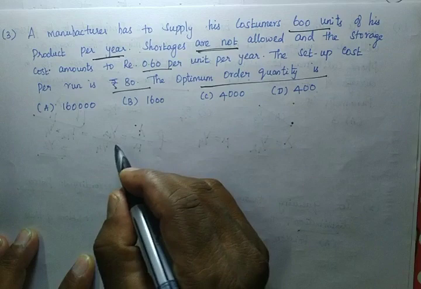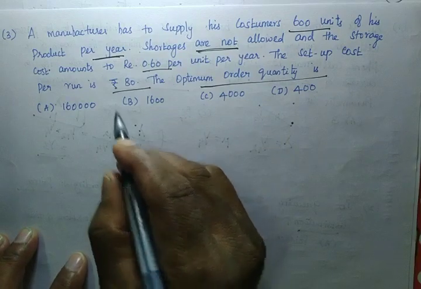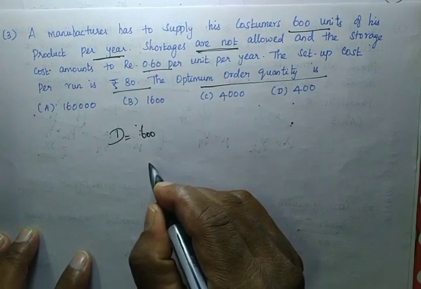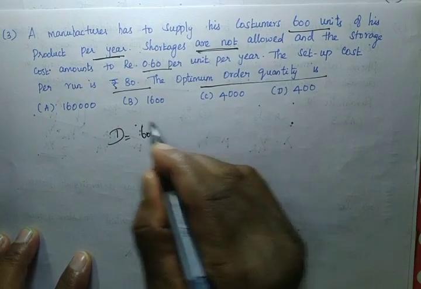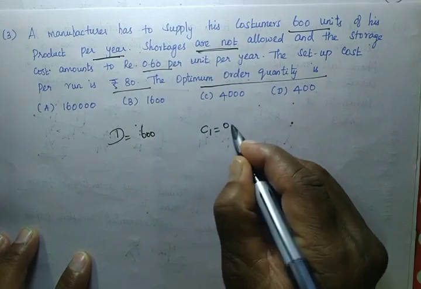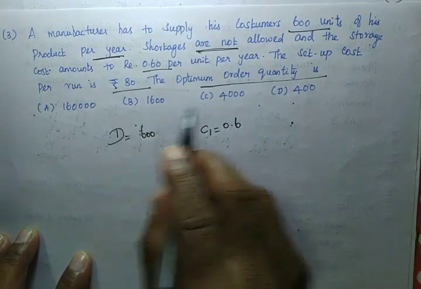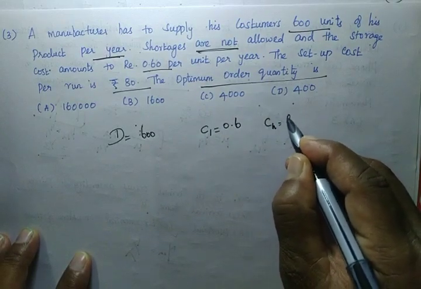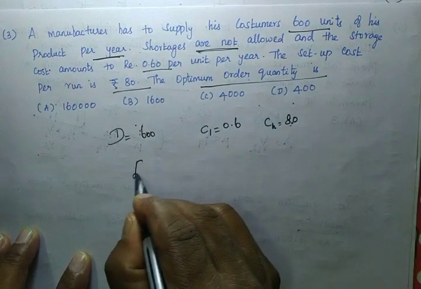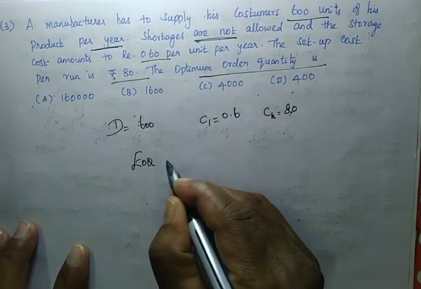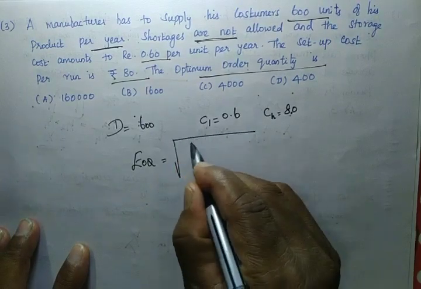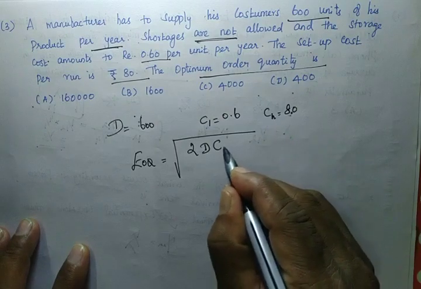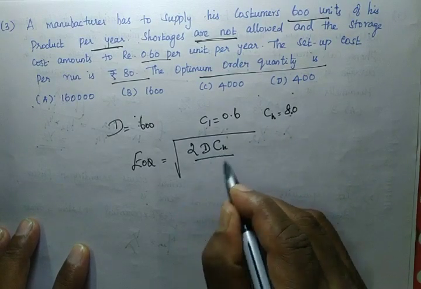First, read the formula. Here the demand is 600 units per year, the cost C1 equals 0.6, and the setup cost is 80. The economic order quantity, or optimum order quantity, is the square root of 2D C_H by C1.